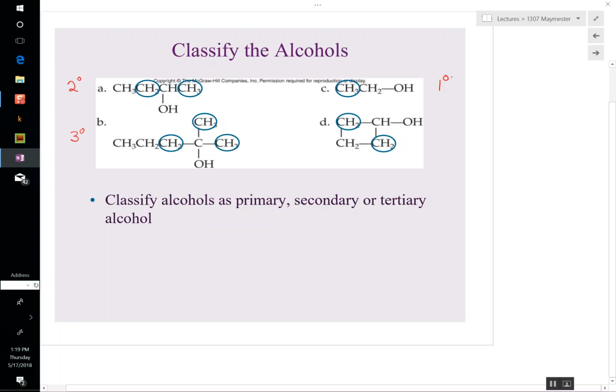Okay, now D is cyclobutanol. That's cyclobutanol. What kind of an alcohol is that? Secondary. This carbon is attached to 2 carbons. So that's a secondary alcohol.